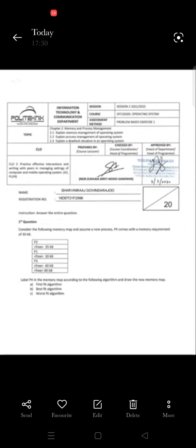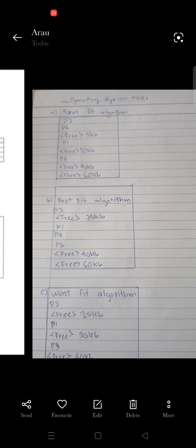So P1 is free for 35 KB, P2 is free for 30 KB, P3 is free for 40 KB and free for 60 KB. Label P4 in the memory map according to the following algorithm and draw the new memory map. The first fit algorithm. Let's see the answer, guys.